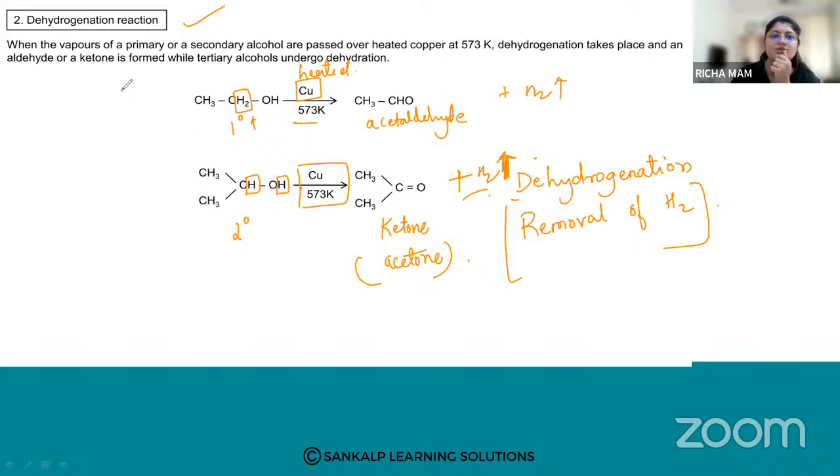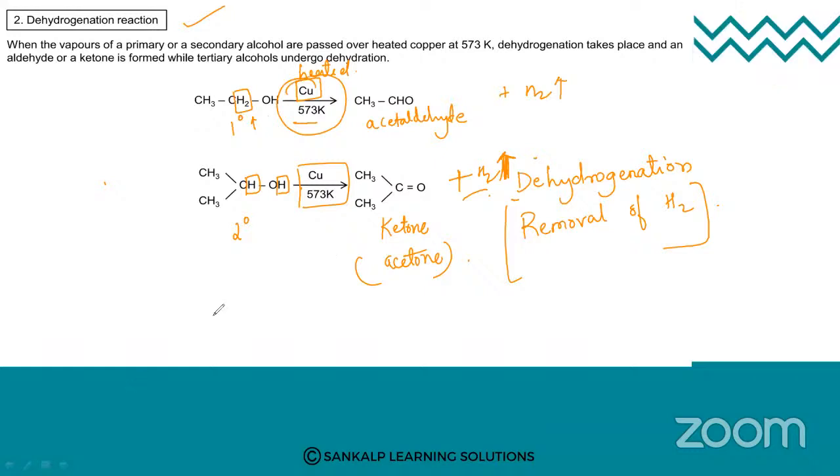Very important: dehydrogenation can be carried out when you treat it with copper at 573 Kelvin. Here the temperature is important, so you have to remember this. Whenever dehydrogenation is taking place, remember copper is heated at 573 Kelvin. Okay, let us go for the next one.